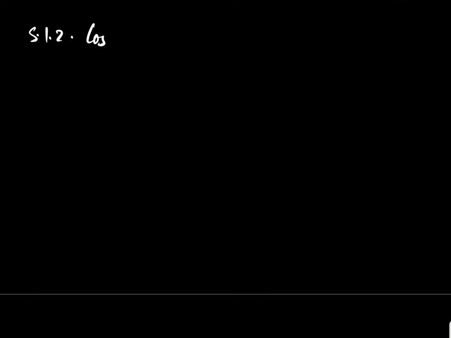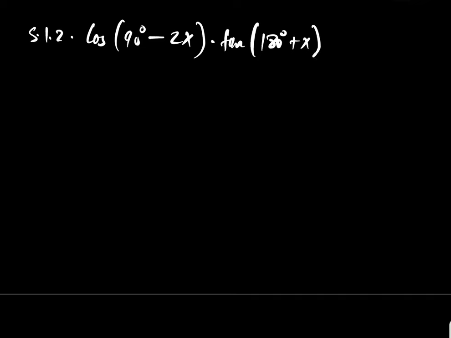We have a cos of 90 degrees minus 2x multiplied by a tangent of 180 degrees plus x plus sine squared of 360 degrees minus x.